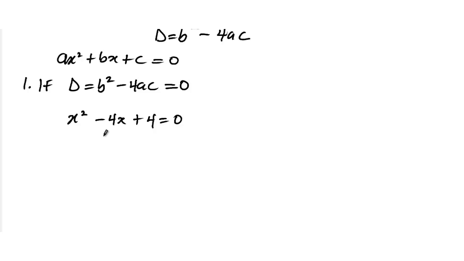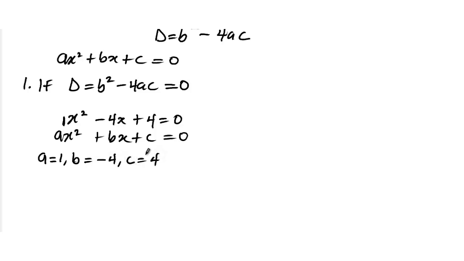So how do I know if it's going to be having equal root or equal solution? If I compare with the standard equation, ax squared plus bx plus c is equal to 0, it implies that my a is equal to 1, because the coefficient of x squared here is 1. Then my b, the coefficient of x here, is minus 4, and my c is equal to 4.